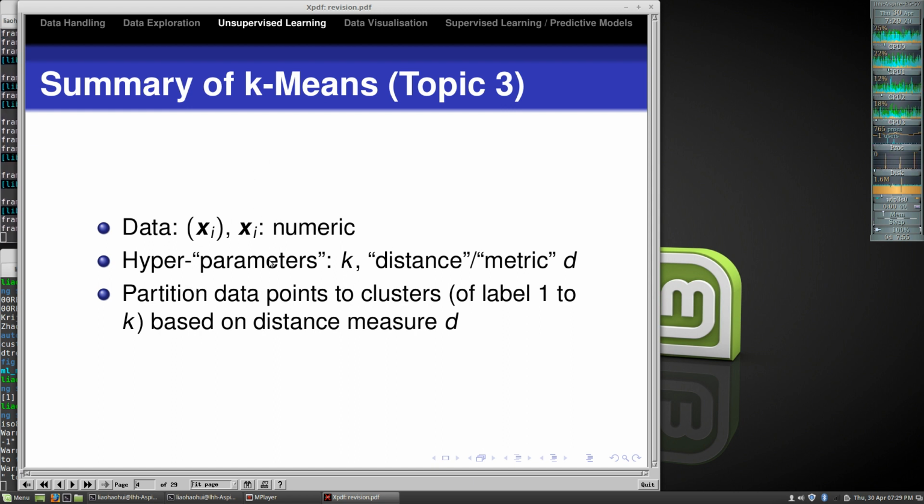So what does k-means clustering do? It actually partitions points into k clusters based on the distance.